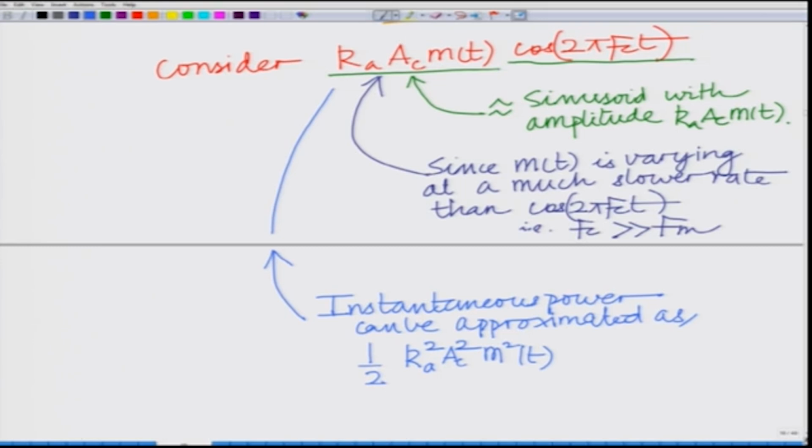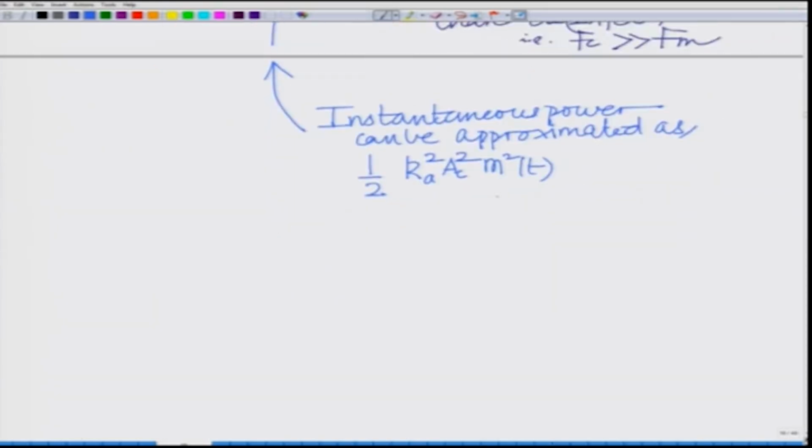This is the instantaneous power, and therefore, the average power can be obtained as the expected value of this quantity, half, that is the average.